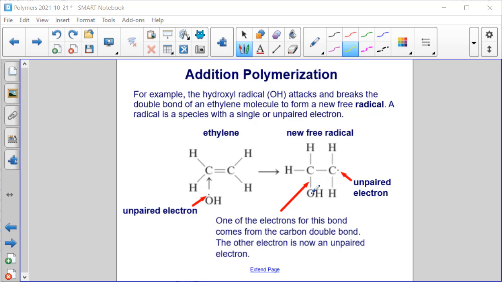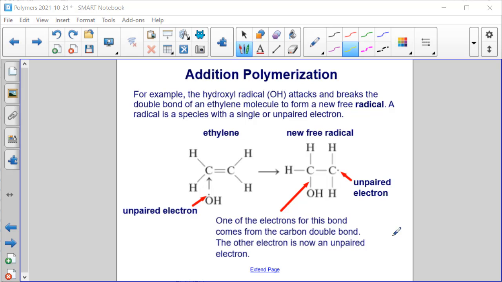And what it does is we get a single bond to the OH, and then this carbon has a full octet, and the second carbon now has a single unpaired electron. So we've created a new free radical. So a radical is a species with a single or an unpaired electron.